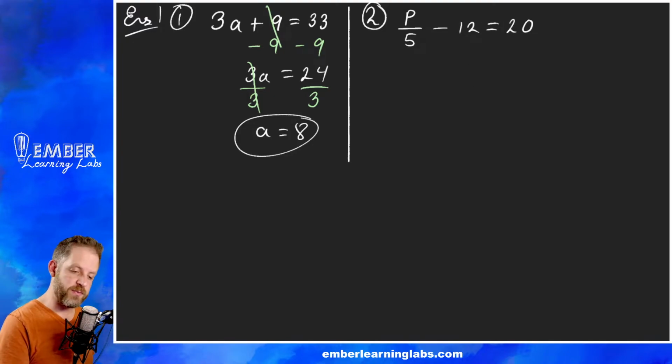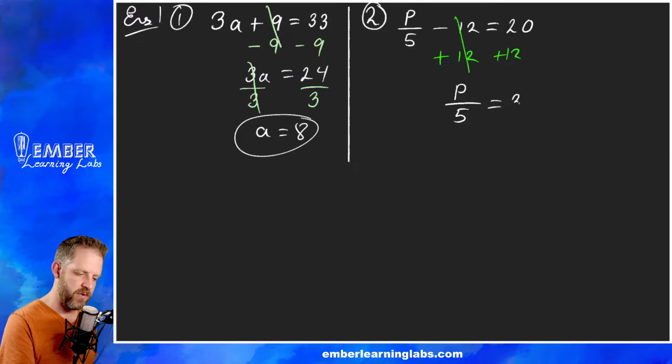So this 12 is subtracted. So to get rid of it, we're going to add 12 to both sides. Add 12 over here and add 12 over there. These cancel, leaving us with just p over 5, equals 20 plus 12 is 32.